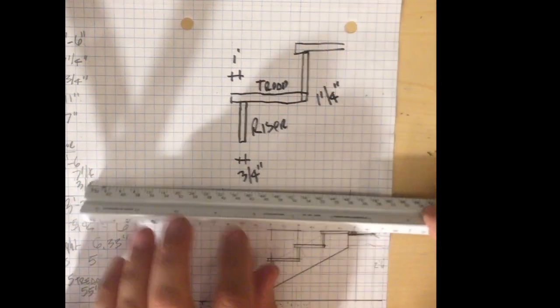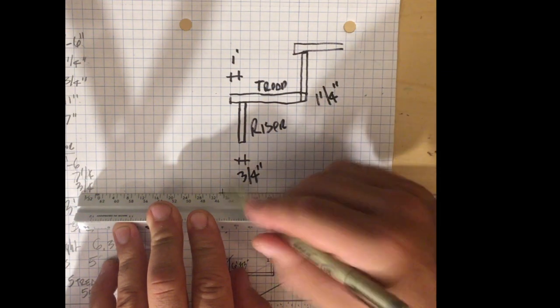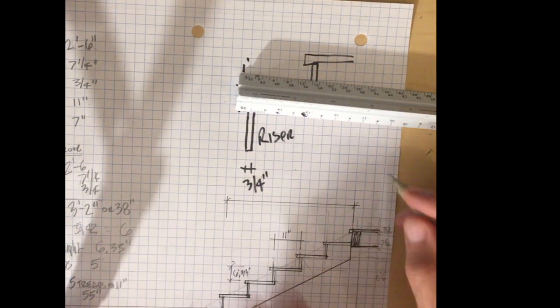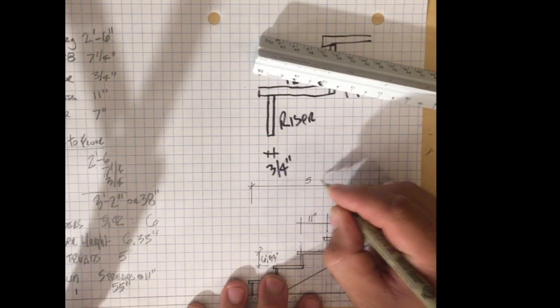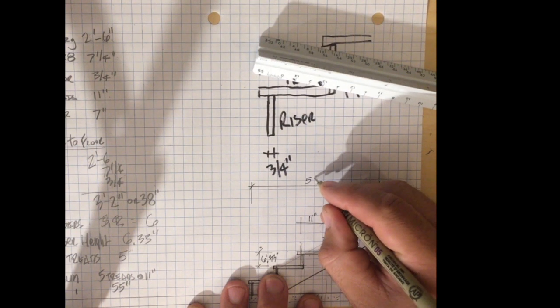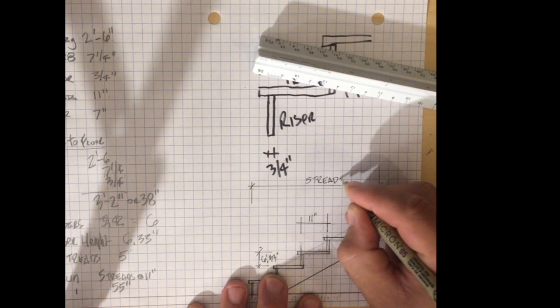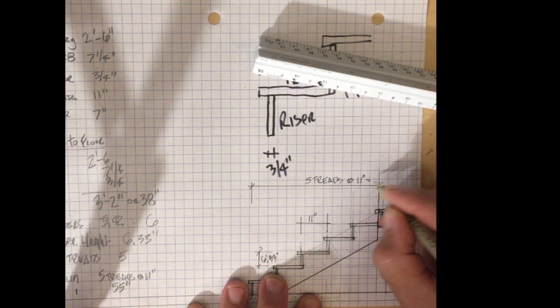So I'm just going to put it up here. And I'm going to call this 5 treads at 11 inches equals 55 inches.